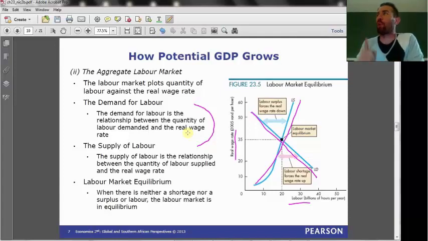Bearing in mind, the more you work, the less leisure you have, which means the amount that you're prepared to pay for leisure goes higher the less leisure you have.